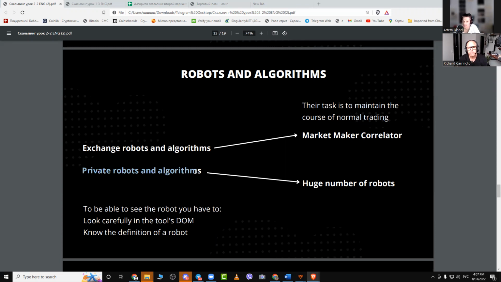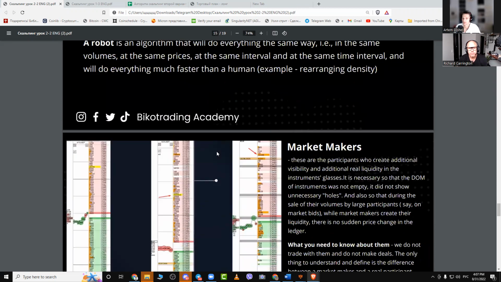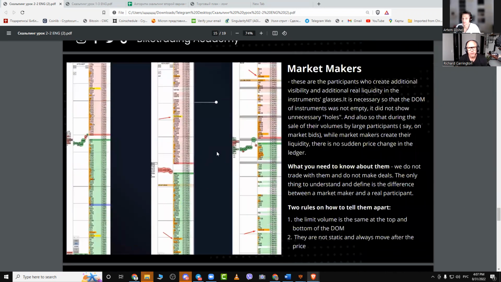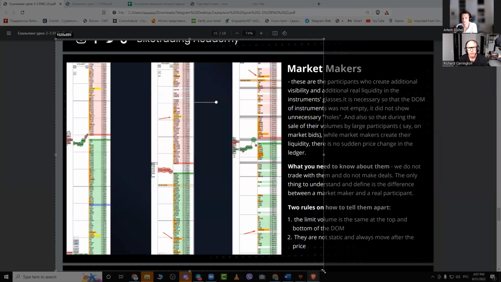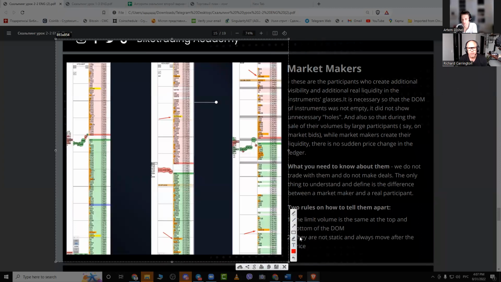Now the definition of a robot. Market maker. A market maker you can usually find on the ask and bid near the price, 1%, maximum 2%.